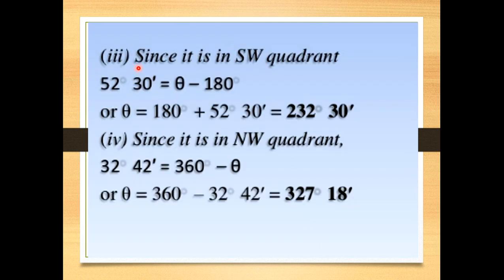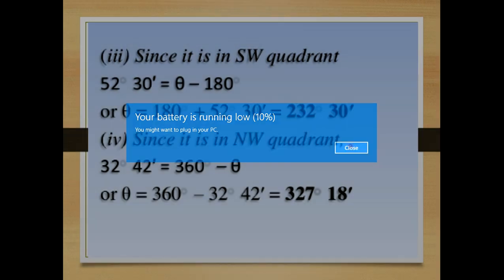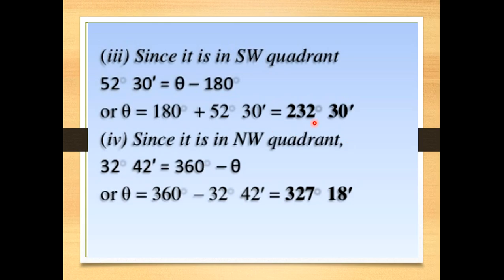Then third is the 52 degree 30 minutes, which is in the southwest quadrant. So how to find WCB? WCB is calculated by the formula 180 degree plus RB. So 180 degree plus 52 degree 30 minute, then we get 232 degree 30 minute.